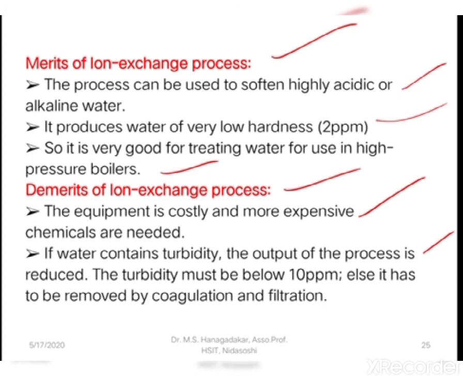The turbidity must be kept within 10 ppm, otherwise it will lead to coagulation during the filtration process. So this is the concept of the ion exchange process, where you can convert hard water to soft water. Thank you one and all.